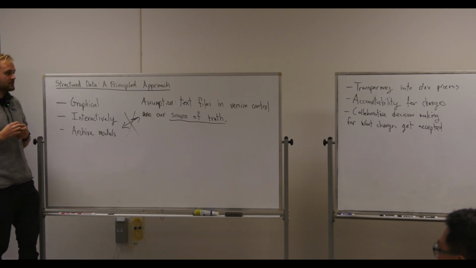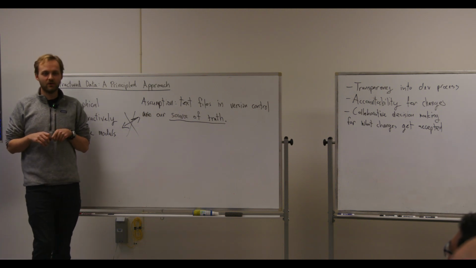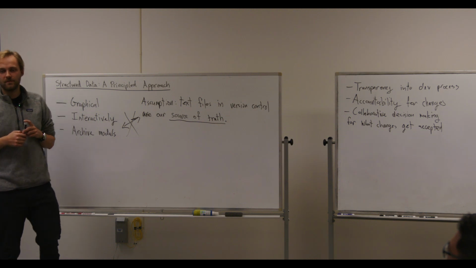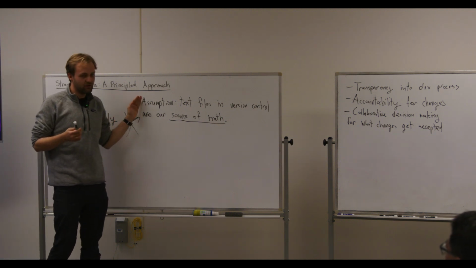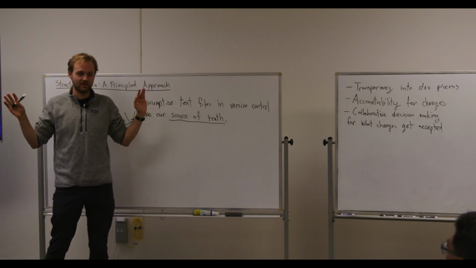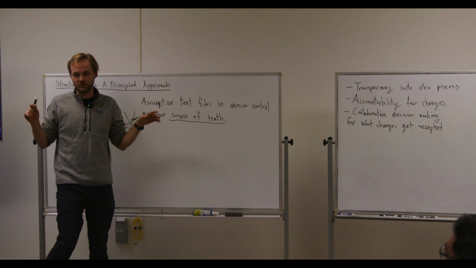Right. You want to diff your source of truth. You don't want to diff the artifact of your source of truth. So if text files are your source of truth, which is great, I mean, I love text files, that works for a lot of things. Then it's fine to diff text files as your source of truth.